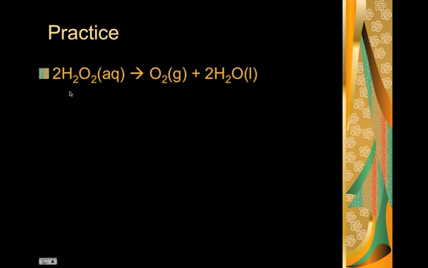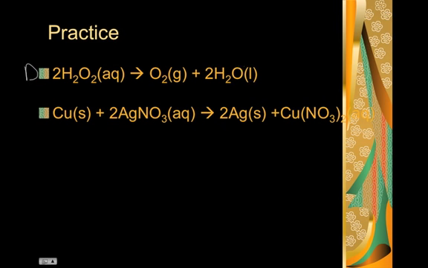Then we've got hydrogen peroxide yields oxygen gas plus water, and you see that we only have 1 reactant, which immediately you should know that this is a decomposition. This is a great reaction that if you add a little bit of soap to this reaction, you get lots and lots of bubbles. Elephant toothpaste, look that up. Here we have copper plus silver nitrate yields silver plus copper 2 nitrate.